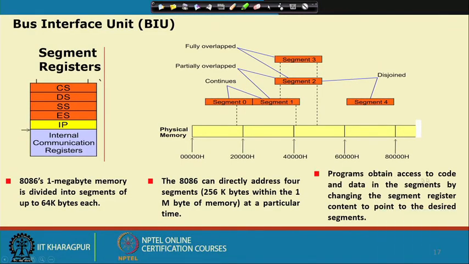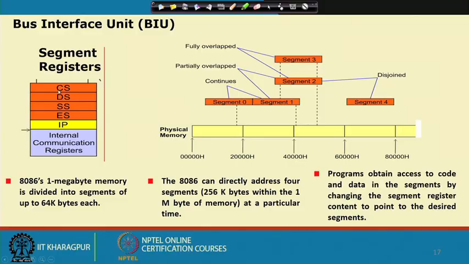A program obtains access to code and data in the segments by changing the segment register contents to point to the desired segment. If I say segment 0 corresponds to the code, then the CS register will be made to point to segment 0. Similarly, if segment 4 is the data segment, then the DS register is made to point to segment 4. Each segment is 64 kilobytes, and I have at most 4 segments, so at any point of time you can have a total of 256 kilobytes accessed by the 8086.